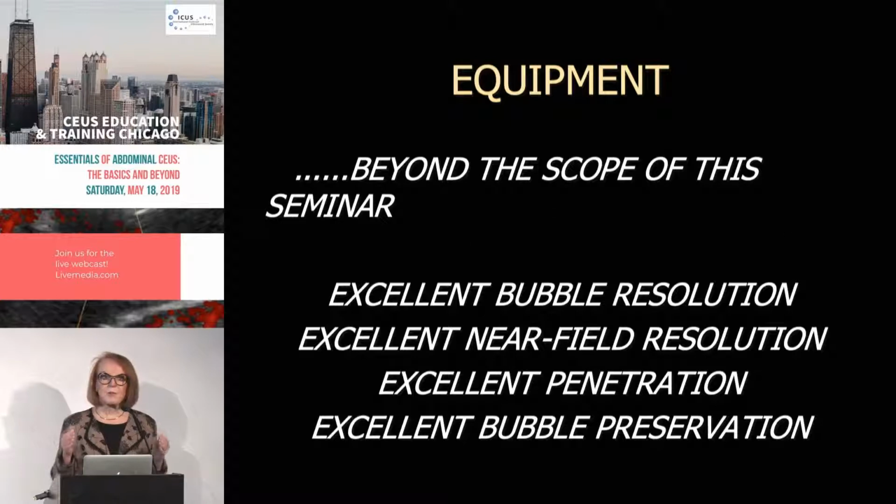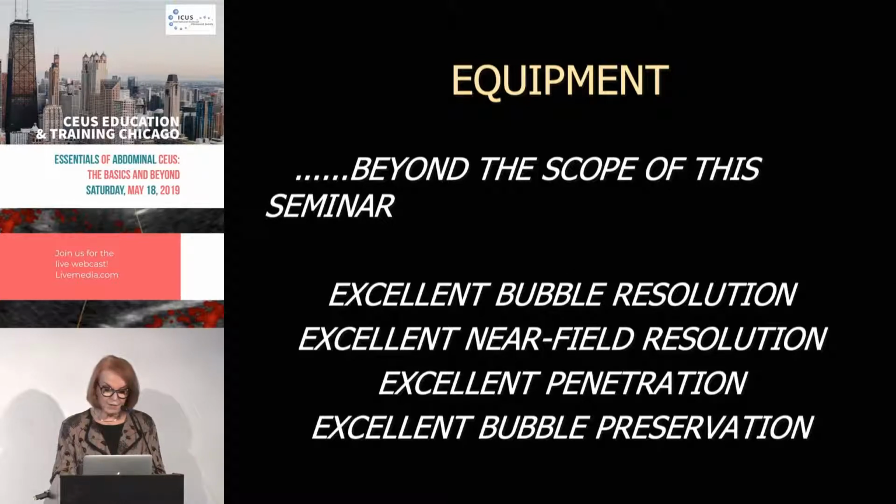And of course, the amount of penetration we have is influenced by the person that you're looking at. So if the liver is fatty and very cirrhotic, your penetration might be, in fact, much less than 10 centimeters. It may be only 5 or 6 centimeters. And so we want that penetration. We're always after the penetration.